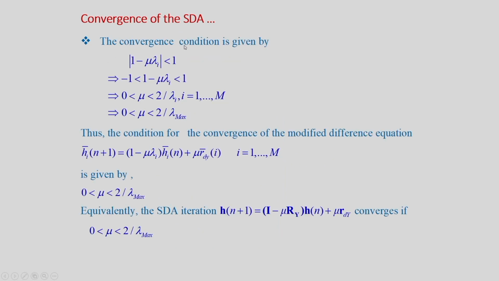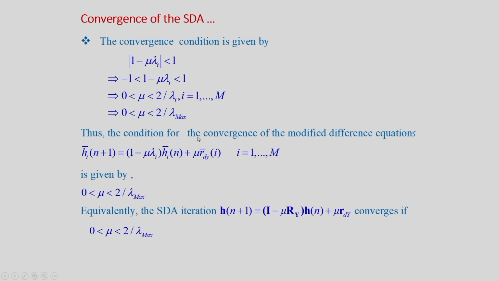The convergence condition is given by this: mod of 1 minus mu lambda I is less than or equal to 1 for all I is equal to 1 to m. So, this implies that 1 minus mu lambda I lies between minus 1 and 1. So, from this relationship we will get 0 is less than mu less than 2 by lambda I for I is equal to 1 up to m.